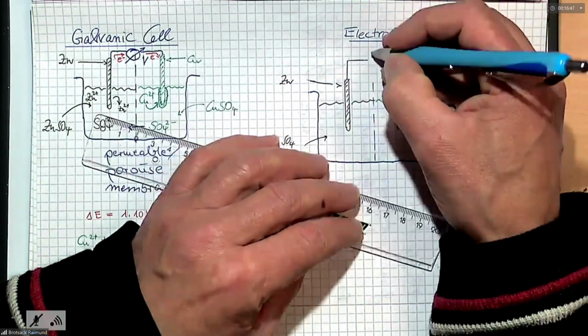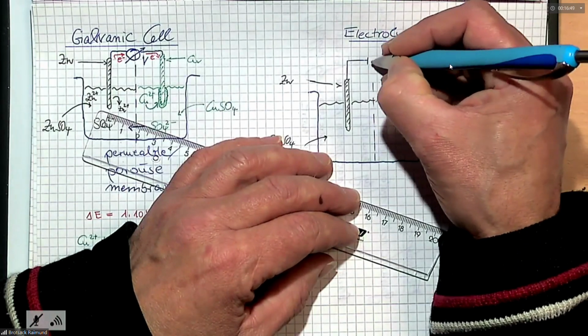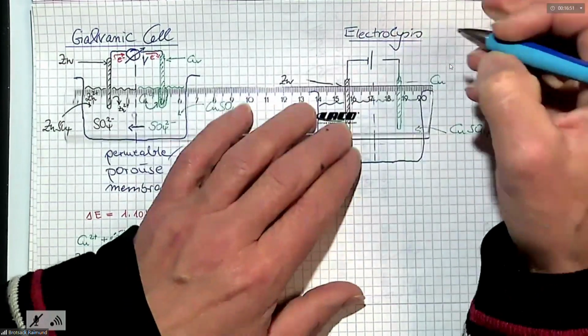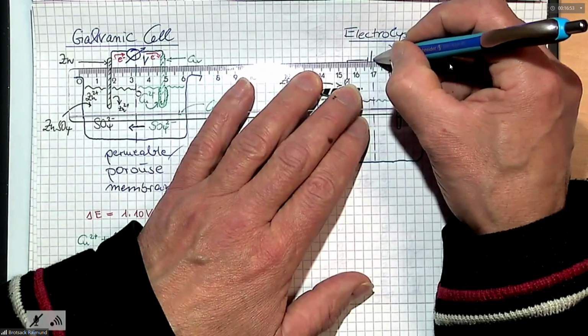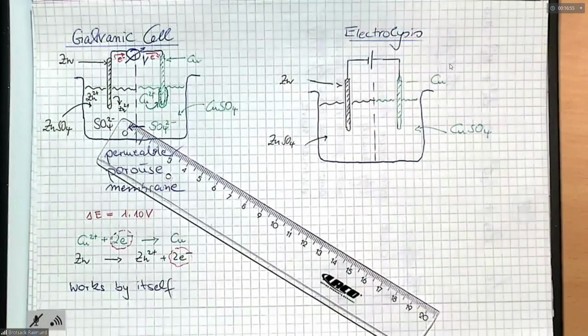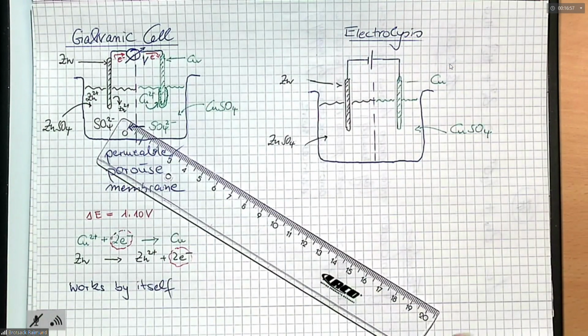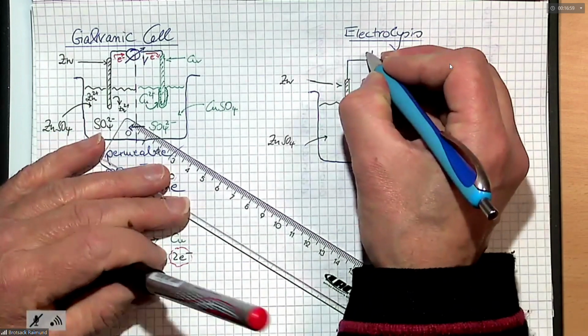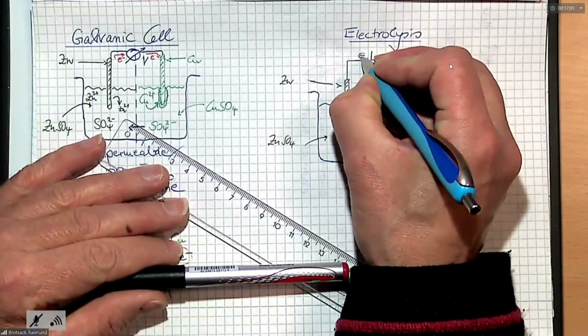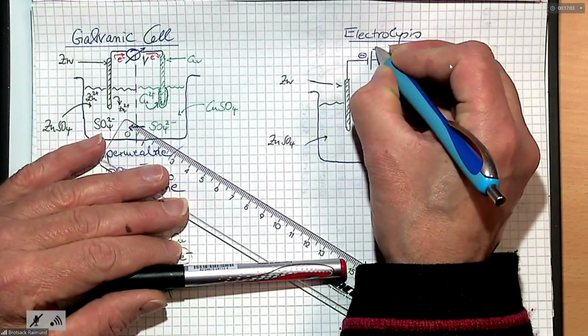So now we have here an external power source where we have the negative part here, the positive part here.